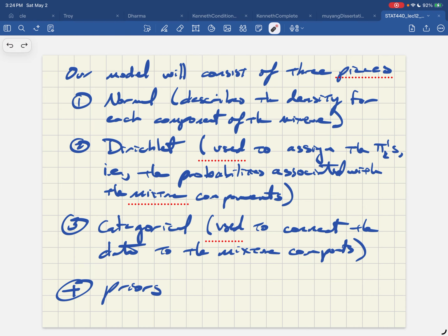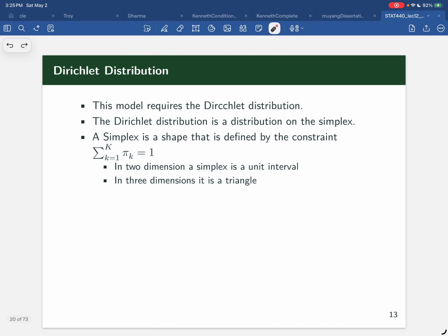Each of our data points, think of those blue dots on that figure, has to get assigned to a mixture, and this is going to do that in a random way. Additionally, of course, we're going to have some prior distributions, but the 3 pieces that we need to think about are this normal density on the mixtures, the Dirichlet on the pi's, and the categorical, which is going to assign the data to a mixture component. Okay, so let's step through these.